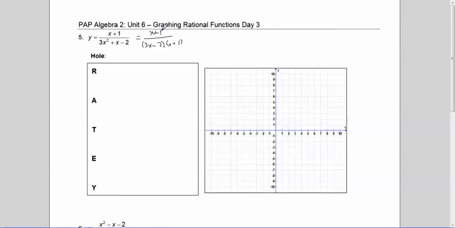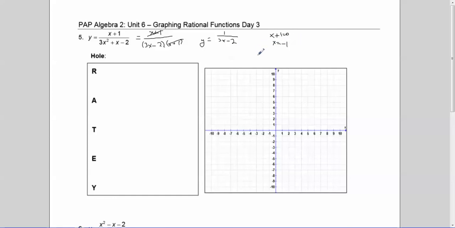So the common factor here is going to be x plus 1. And our simplified function becomes y equals 1 divided by 3x minus 2. Let's identify our hole. So where x plus 1 equals 0, we have a hole where x equals -1.